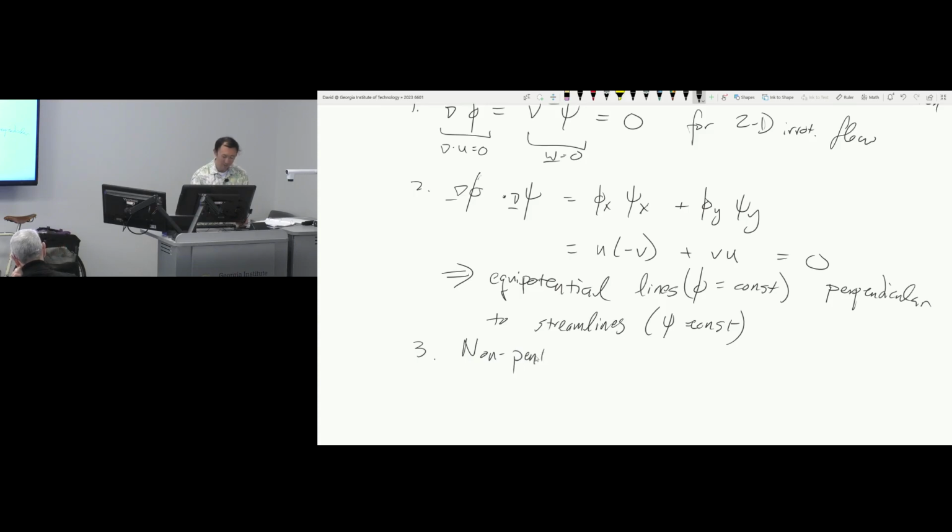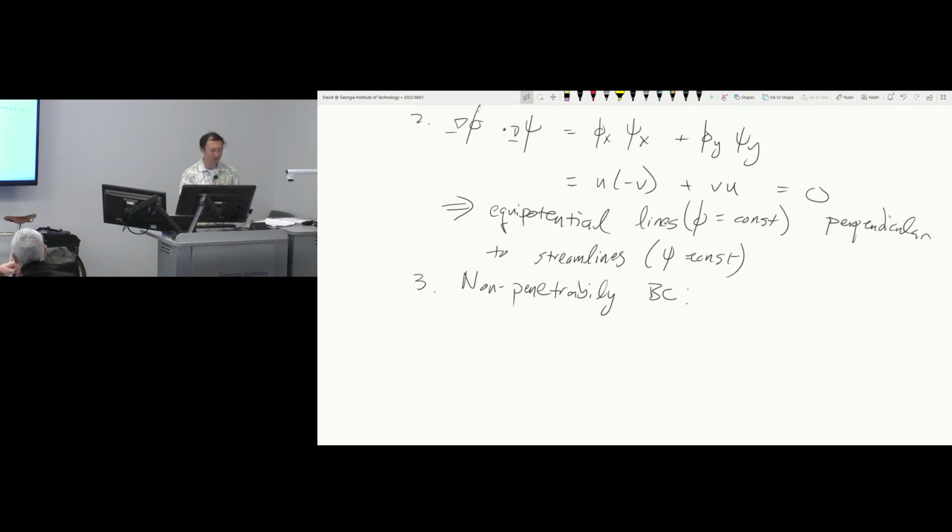The last thing is, a lot of times when you're doing these flows, you're trying to calculate the resultant flow around a body. The best we can have is what's called non-penetrability. On bodies, for example, if you do flow past a cylinder or flow past a spinning cylinder, which you'll do in the homework, you're not going to get no slip, because you don't have no slip unless you have viscosity.